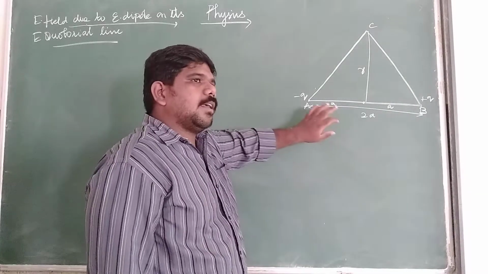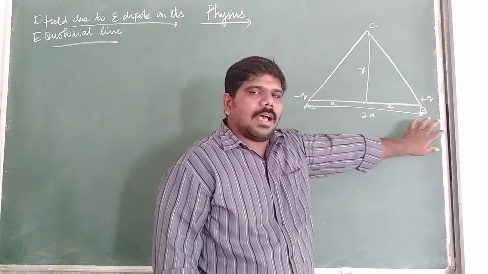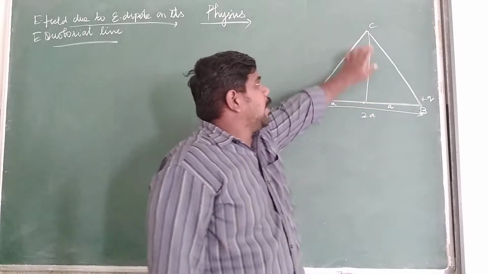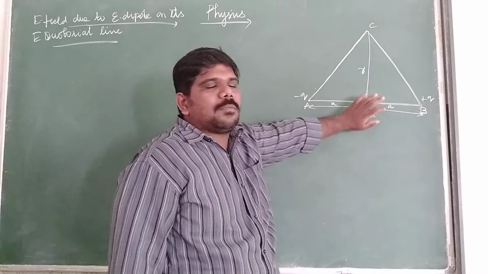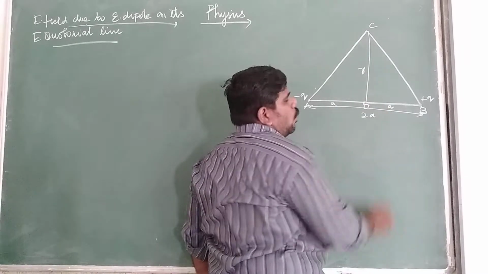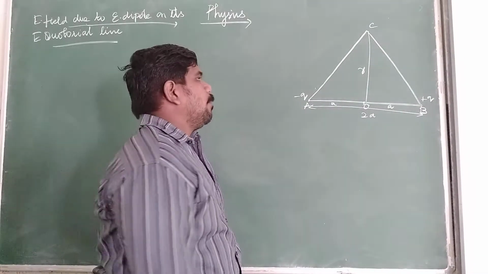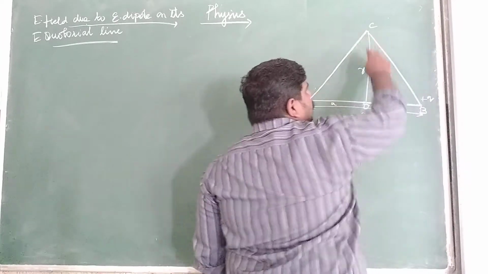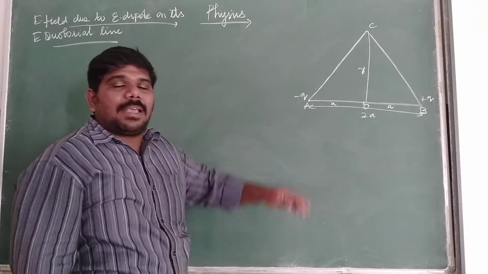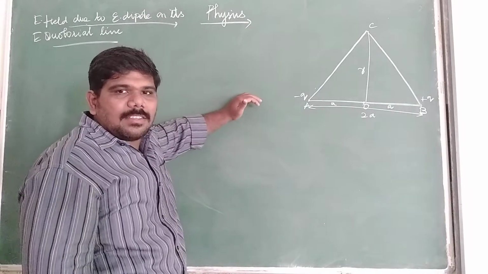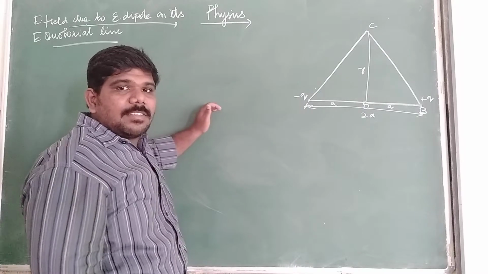Consider an electric dipole AB having charges minus q and plus q separated by a distance 2a. Let C be the point at distance r from the midpoint O on the equatorial line. Because the charges are equidistant from the point C. For the axial line, plus q was at a distance r minus a and minus q at r plus a.